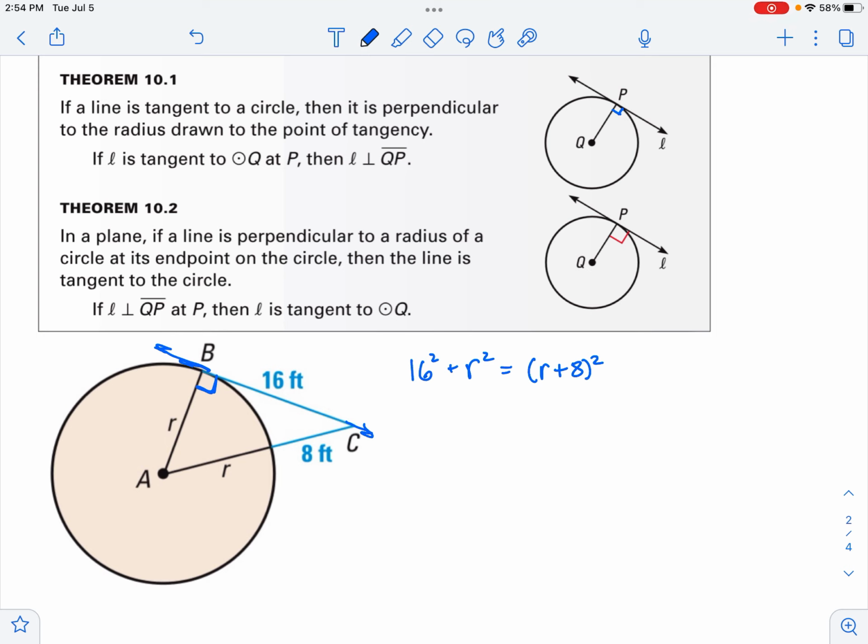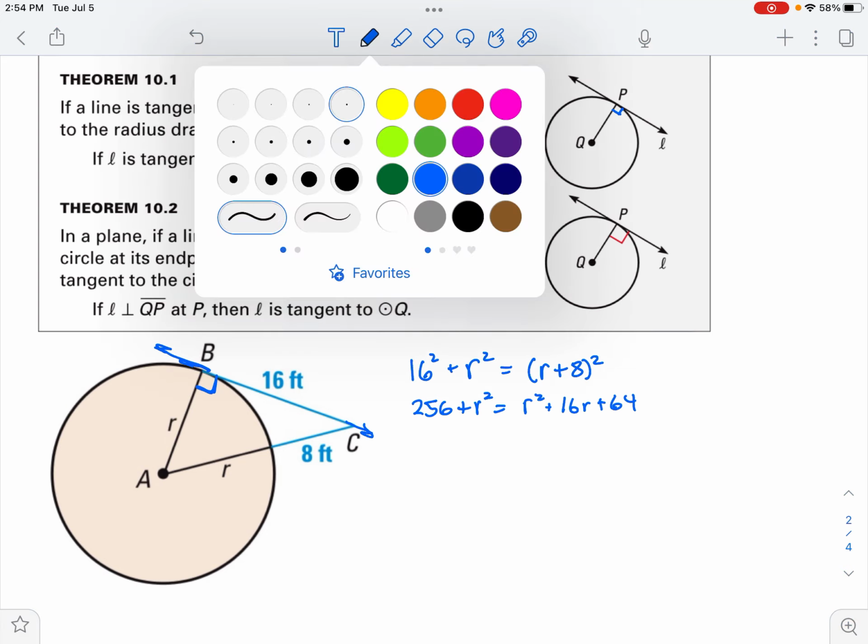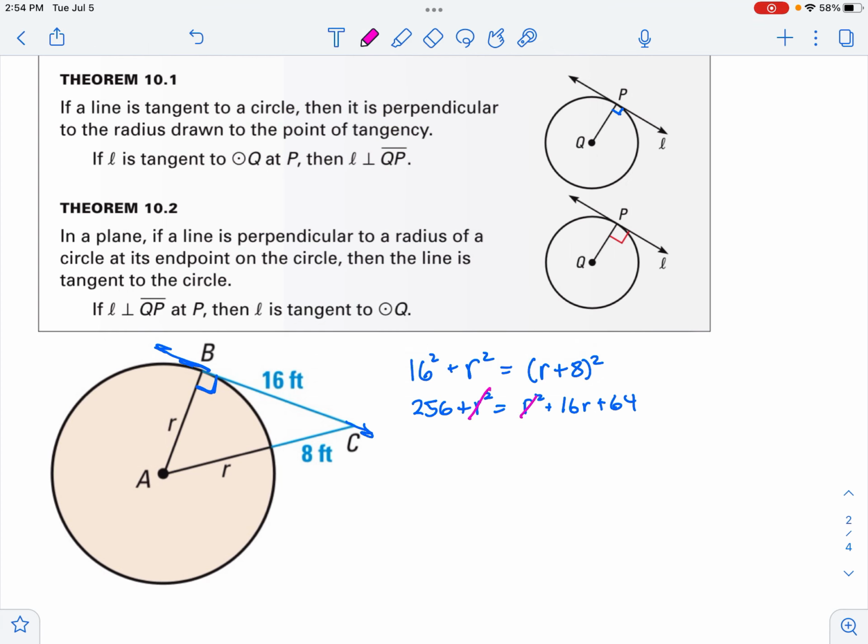So now, working this out, we've got 16 squared, which is 256, plus r squared is equal to, now I want to multiply this out, r squared plus 16r plus 64. Now, notice that these r squareds are going to cancel.